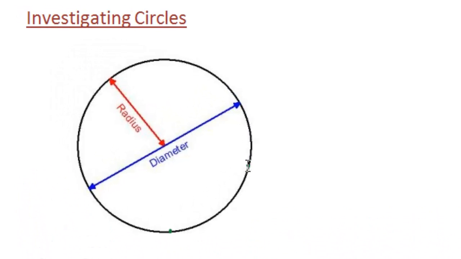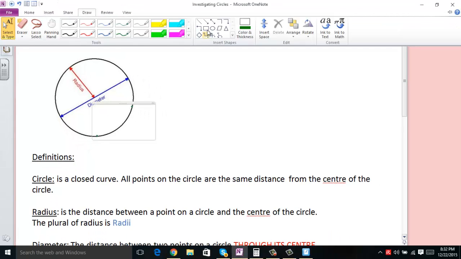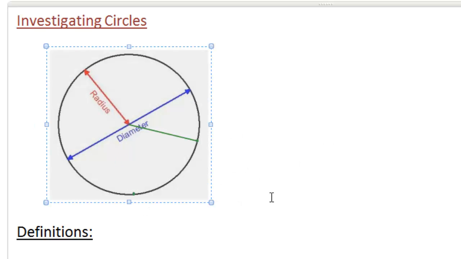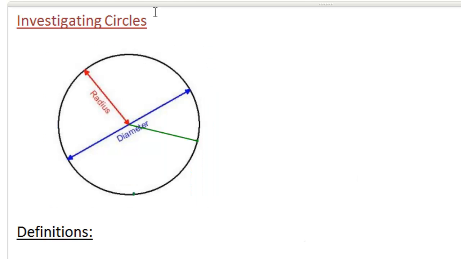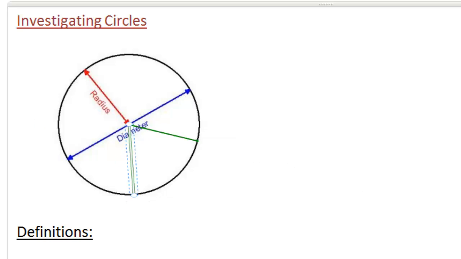If I decide to add a green point here and a green point here, and I draw lines from this point to the center, and another one from another point on the circumference to the center, we will notice something: if I measure this line and this green line, both of them have the same distance.